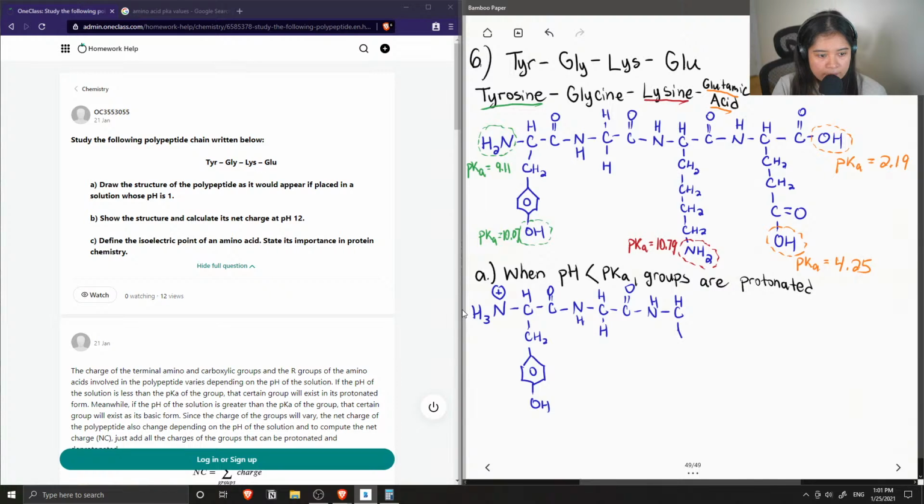I'm going to draw this as a line structure to make it easier. And now this amino group is protonated. One, two, three.